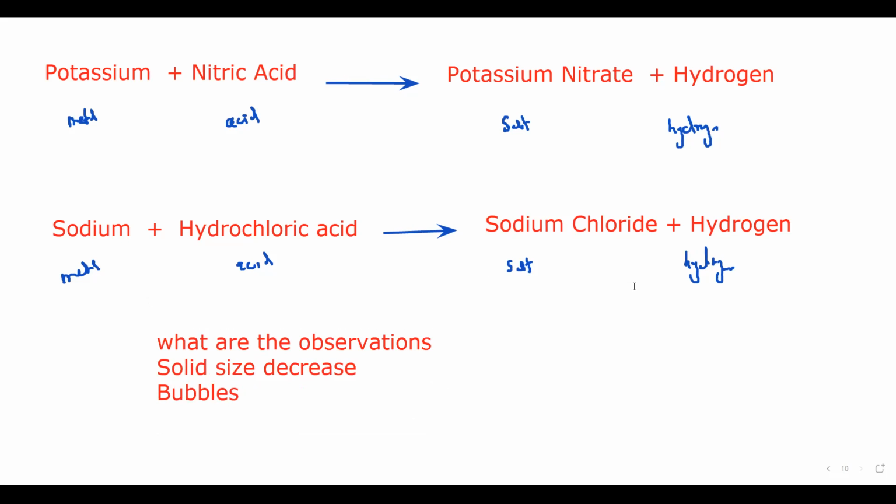So there will be a solid size decrease and bubbles will form. Is it clear? Any doubt till this point? So this is the first characteristic of acid, that whenever acid reacts with metal, this will always result in the formation of salt and hydrogen.